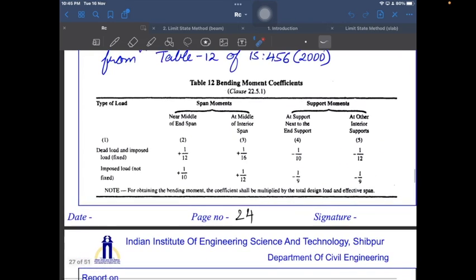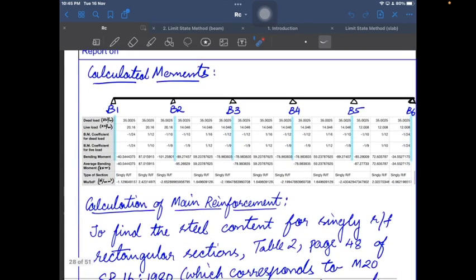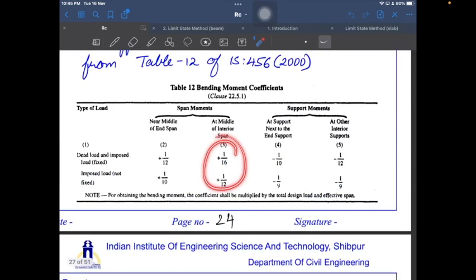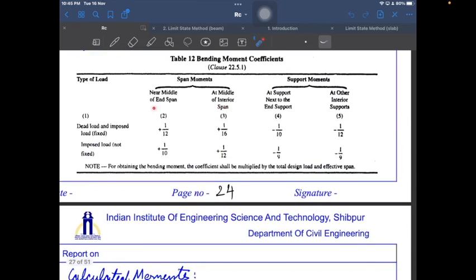Here, at the middle of the interior span. This is my middle of the interior span; all these three are my interior spans. For these middles, I've used this one. Near the middle of the end span, these are there.